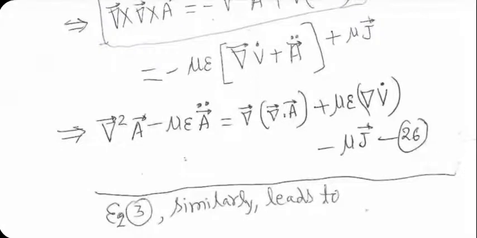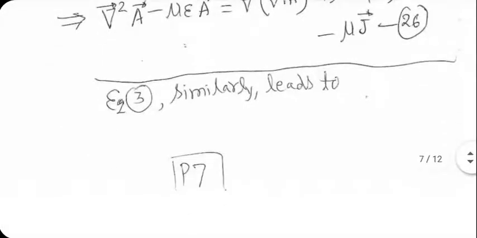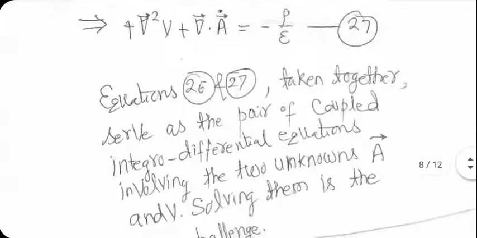How about Maxwell's equation number 3? If we apply that to our definitions of A and V, del dot D equal to rho, that means del dot E equal to rho divided by epsilon. And E is minus del V minus A dot. That's the way it is defined.